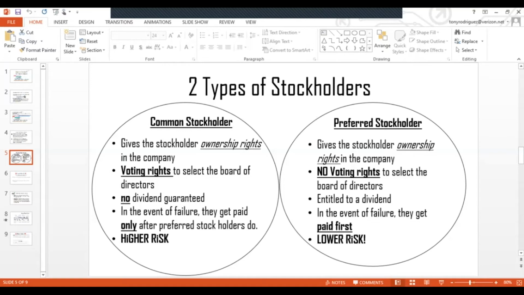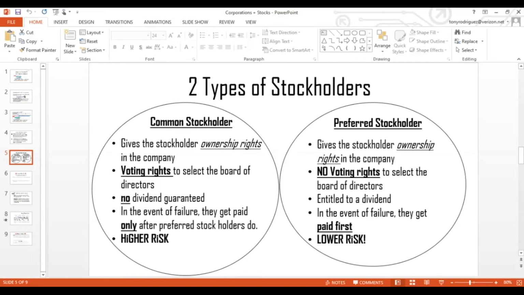Now, I will tell you this, the first bullet points are the same, right? When we're looking at a common stockholder and a preferred stockholder, both of them are going to be owners in the company. Both of these types of stocks give you ownership in the company, right? Entitles you to future profits that the company makes, right?